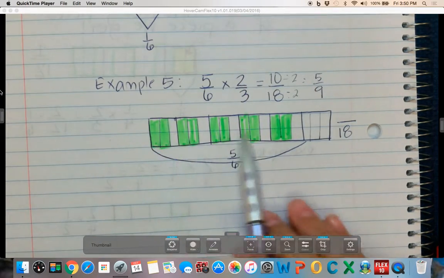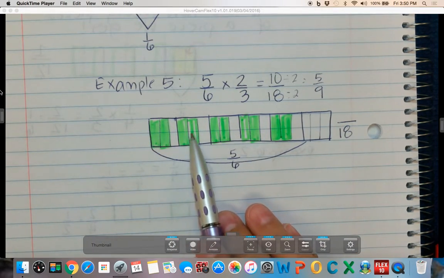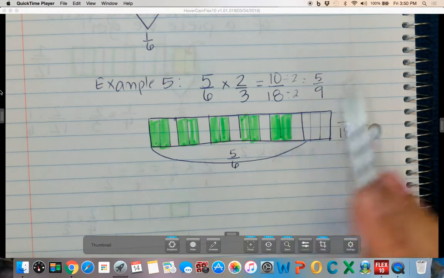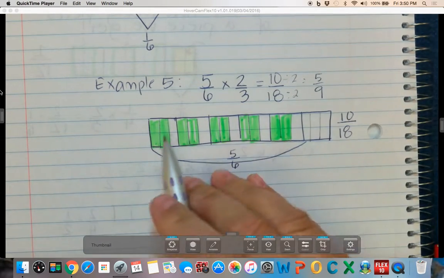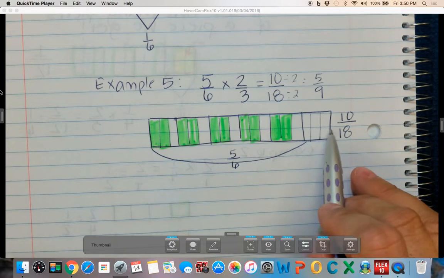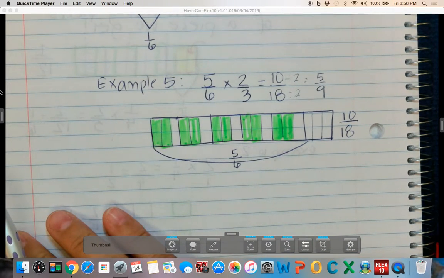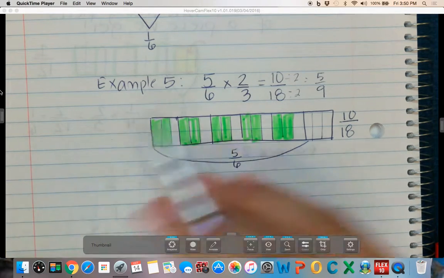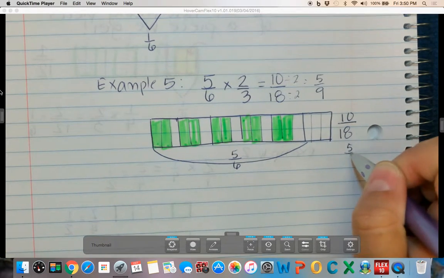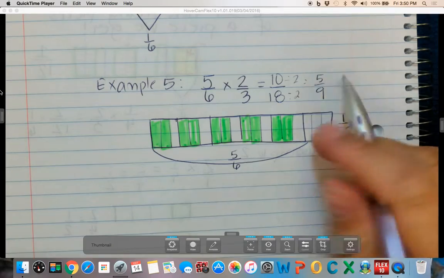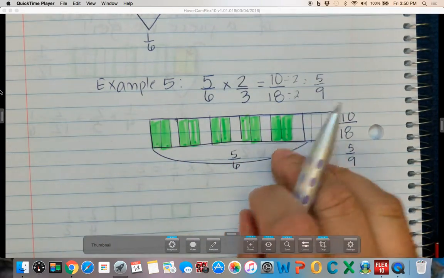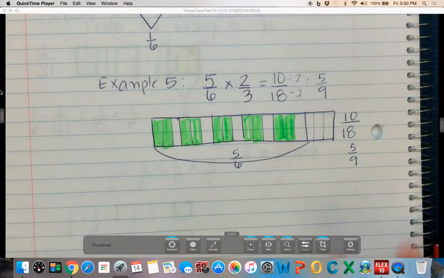So how many of these did I highlight? 1, 2, 3, 4, 5, 6, 7, 8, 9, 10. I highlighted 10 out of the total of 18. Which is 5 over 9. So I do have a smaller piece of what I started with.